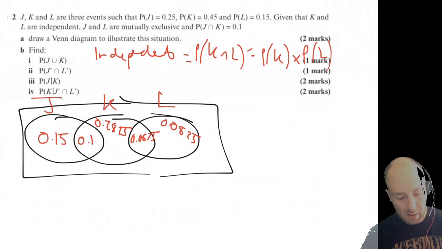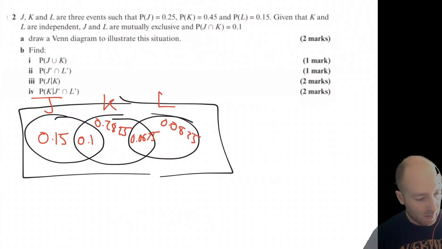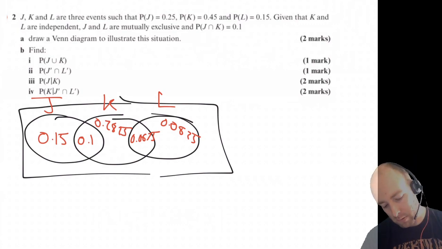We probably want to do the outside as well, so if I add all these up, we get 0.6825. Then 1 minus that gives me 0.3175.